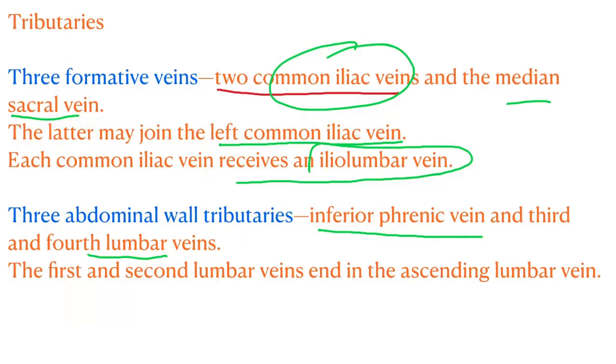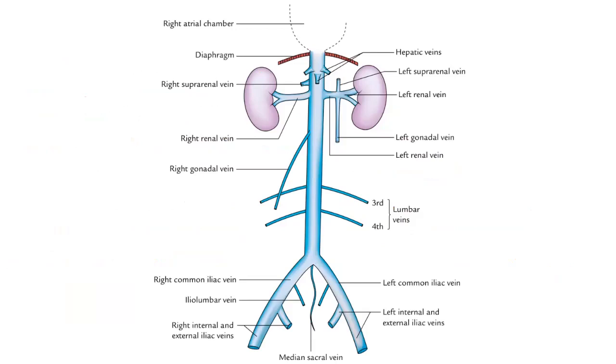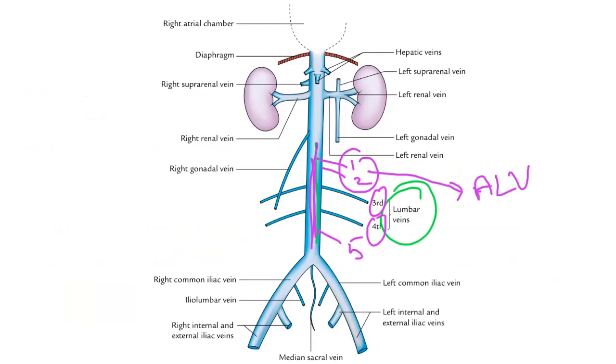The first and second lumbar veins end in the ascending lumbar vein. See, only third and fourth lumbar veins drain into the inferior vena cava. Okay, only third and fourth. First and second drain into something, and fifth drains into something. These two drain into the ascending lumbar vein, and this one to the iliolumbar vein.